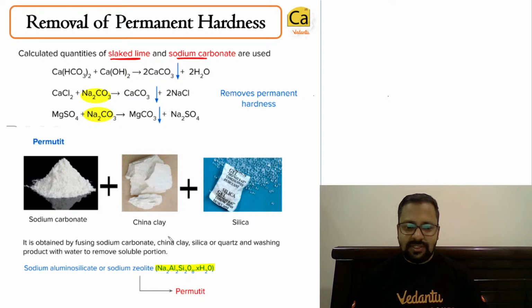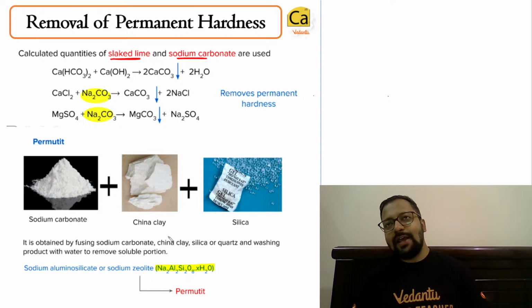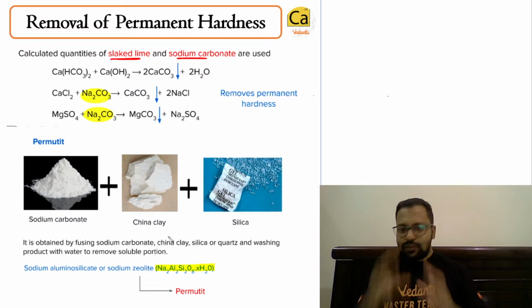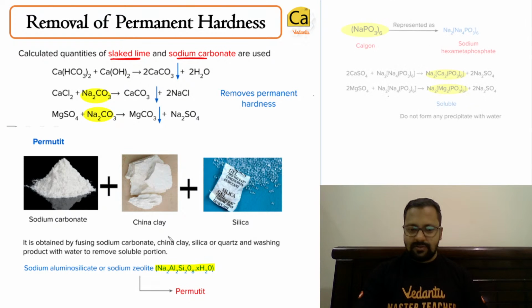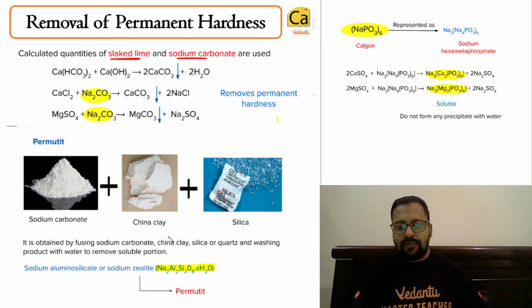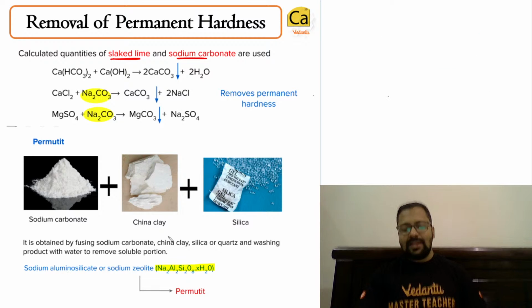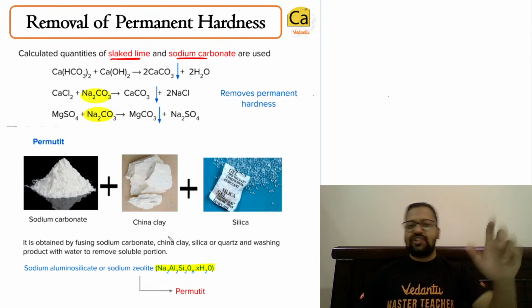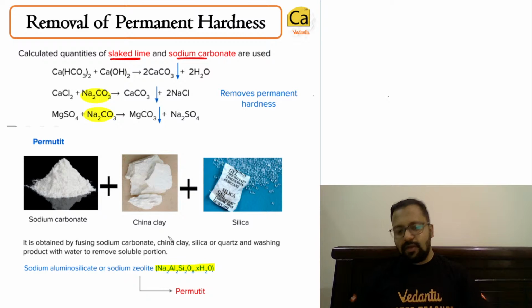So this is known as silicate. Now from this silicate, sodium is lost, and the silicate binds with the calcium and the magnesium ion.